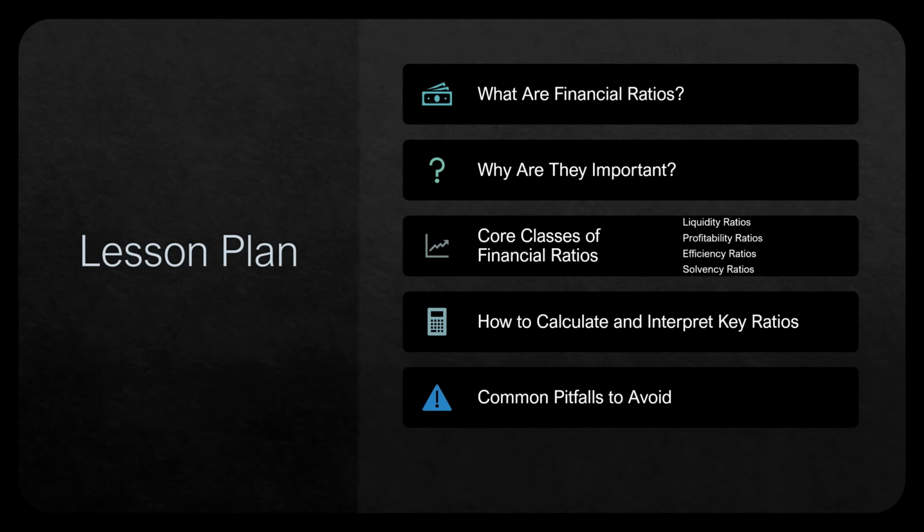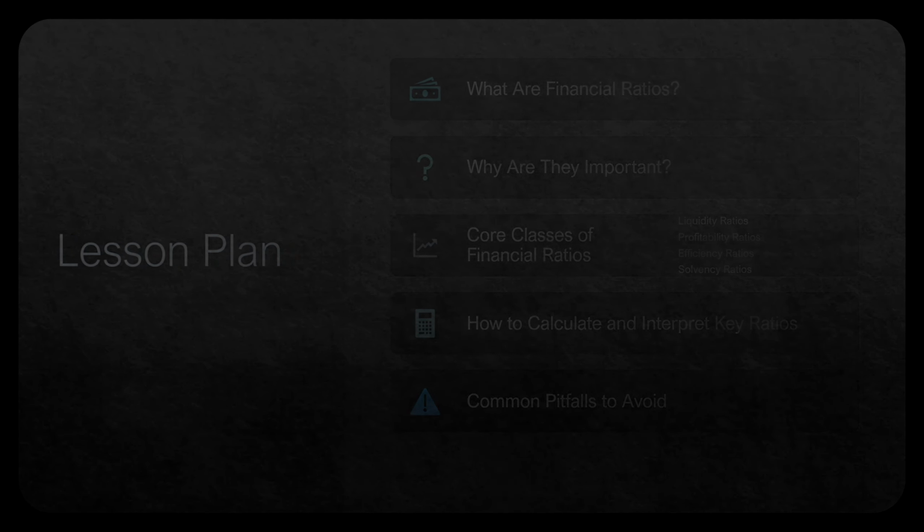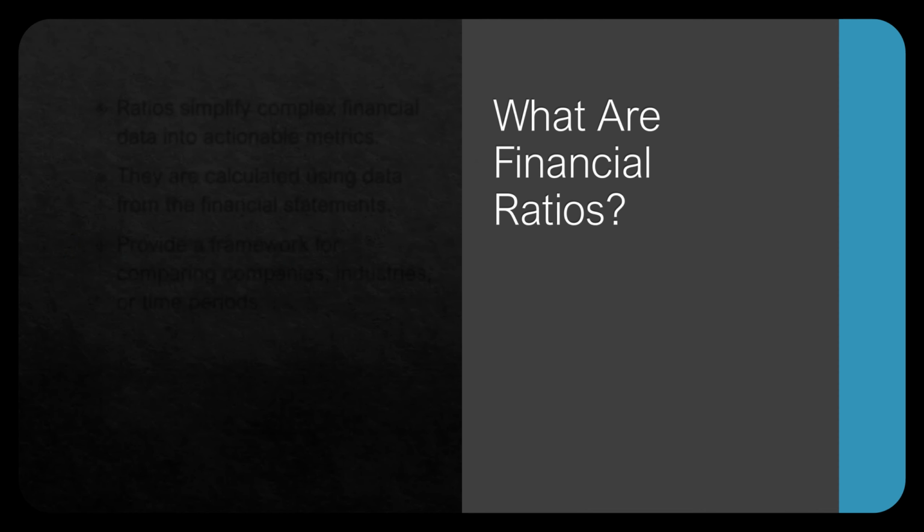Then learning how to calculate some of the key ratios in each of these categories, because there are a lot of ratios. We won't go through every single one, but the most important ones, and how to interpret those ratios. And then finally, we'll wrap this up with the common pitfalls to avoid when using financial ratios for analysis. So starting off, what are financial ratios?